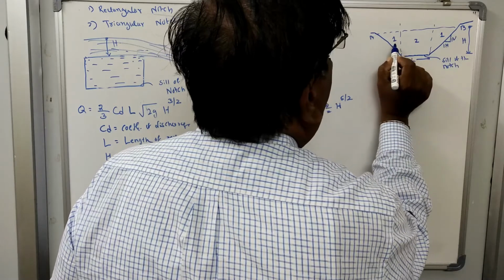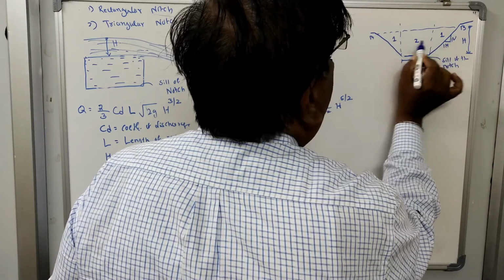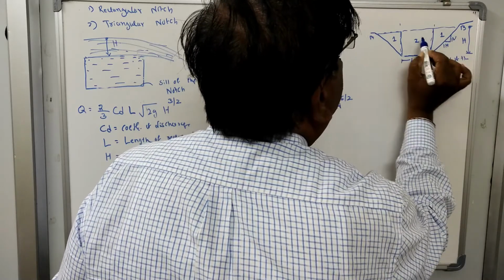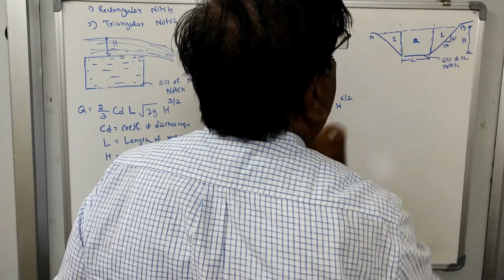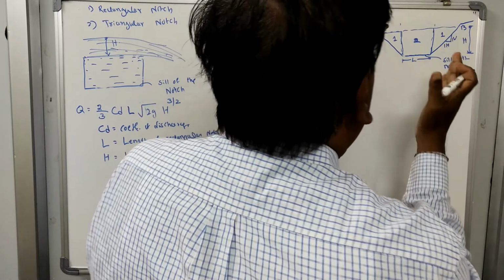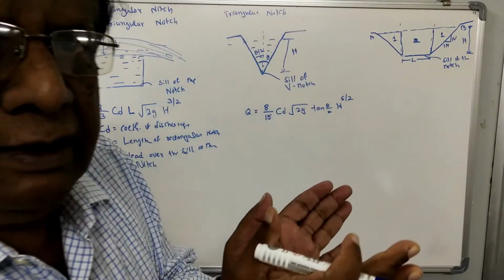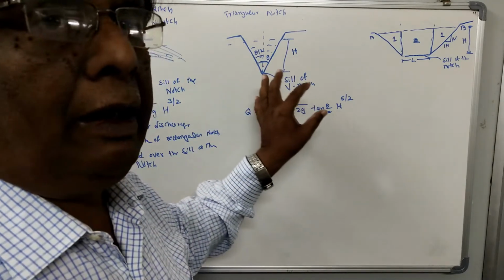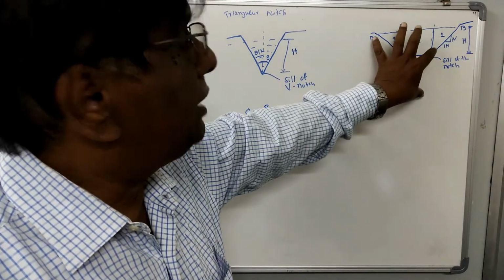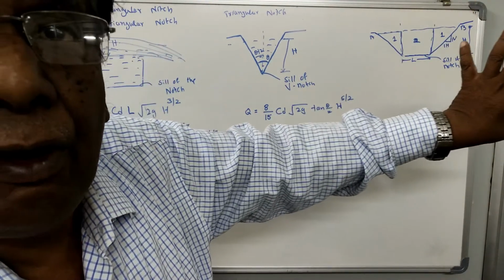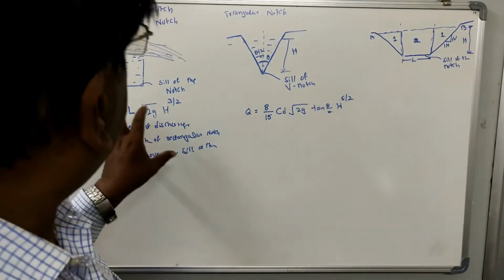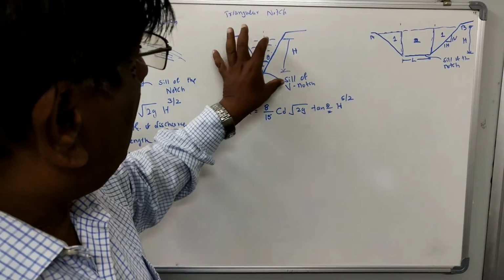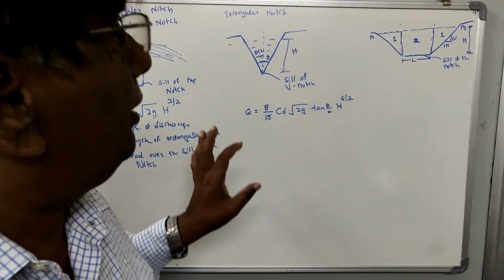There are two triangles and the rectangular portion. So this channel is nothing but the combination of a rectangular notch and a triangular notch. So the discharge through the trapezoidal notch is the sum of the discharge through the triangular notch and the rectangular notch.